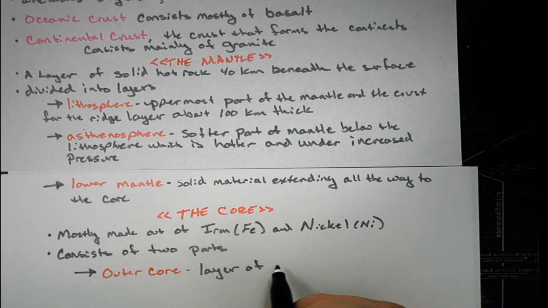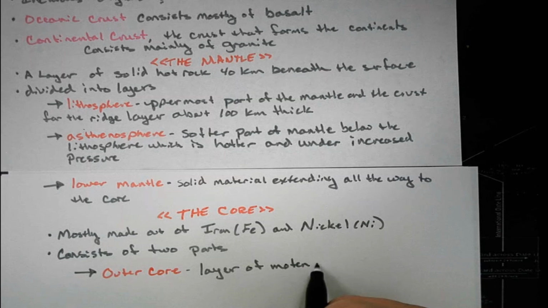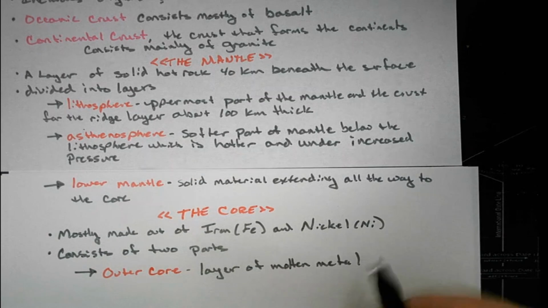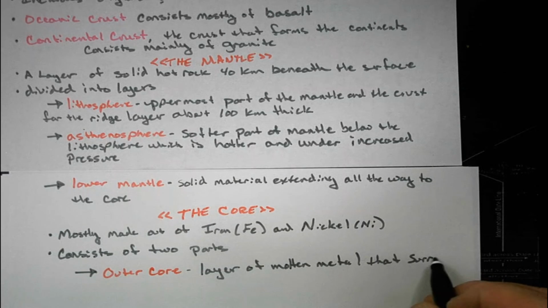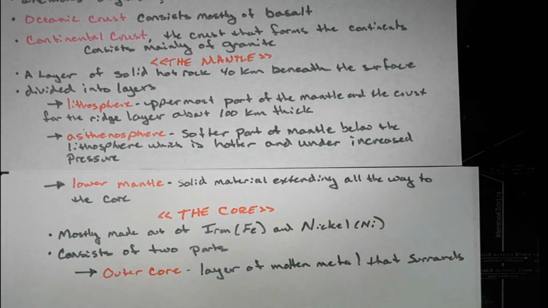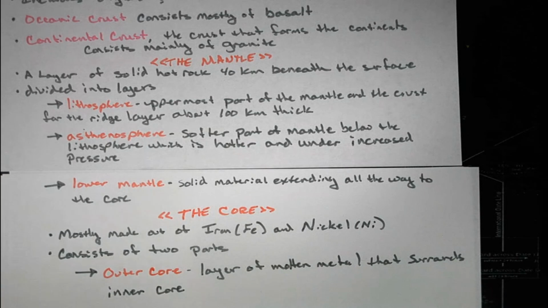Okay, the outer core is a layer of molten metal that surrounds the inner core. And then we have the inner core.